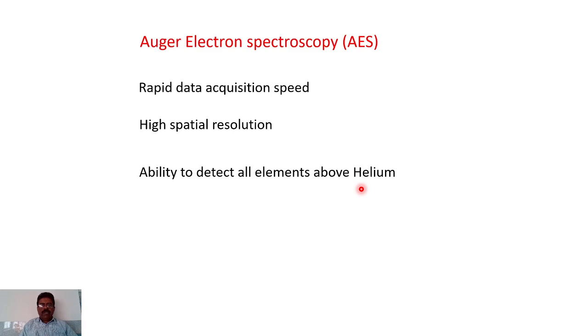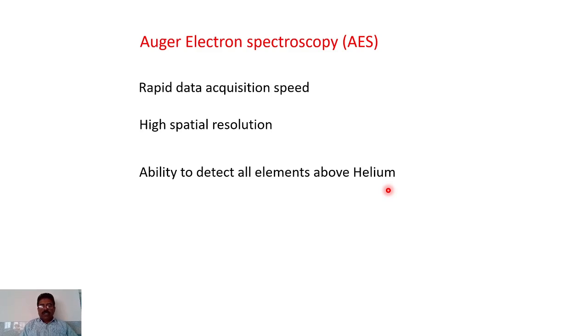Between the first 2 levels there will be a transition, and the energy released will be utilized to make the electron free from the outer shell. Outer shell means other than these 2 levels. In helium, we have only 2 levels, K and L, with two electrons. There will be a transition, but no outer shell electron is available for emission, and therefore Auger electrons will not be produced in helium and hydrogen. So they will not be detected in a given solid sample. This is also one of the important limitations.